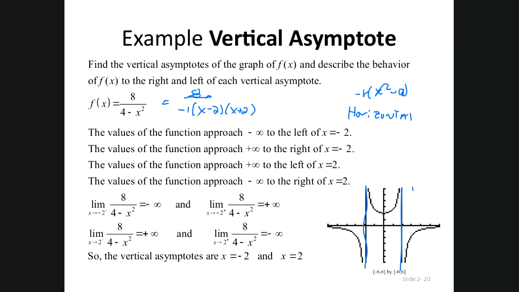Looking at the graph, what is the horizontal asymptote? 0, y is equal to 0, right? Now, could I find that if I didn't have the graph? Could I find that if I just had this equation right here? If I just had 8 over 4 minus x squared, could I find the horizontal asymptote?